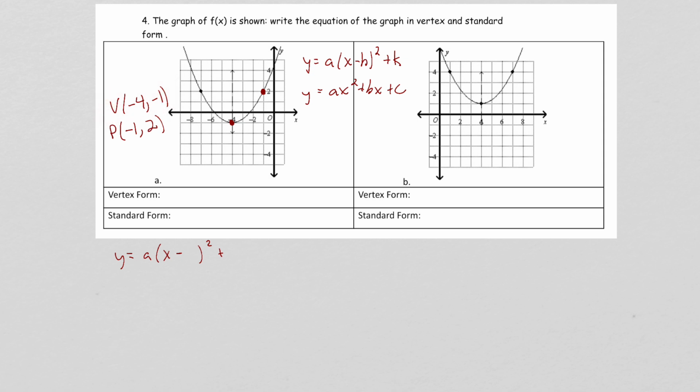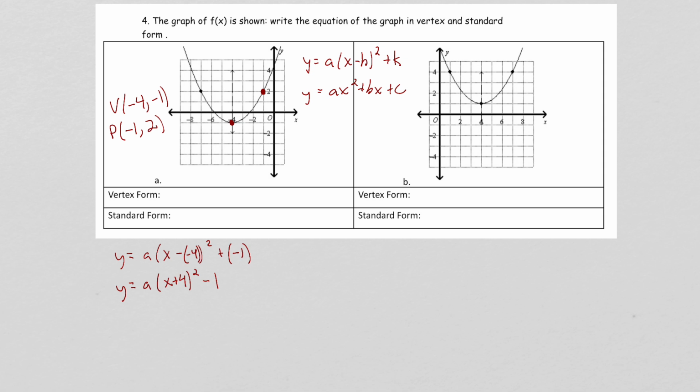That's why we call it vertex form, because the vertex jumps out quickly to us. So what we need to do is put minus a -4, and you might see what happens there, and then plus a -1. And then I just need to simplify a little bit. That gives me y equals a times (x plus 4) squared, and then -1.